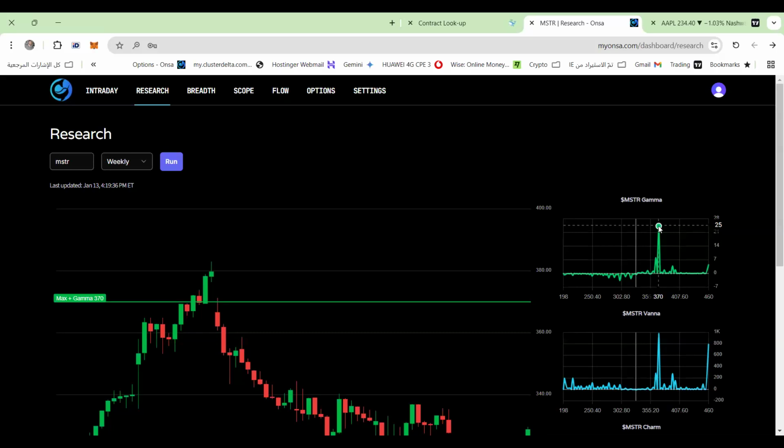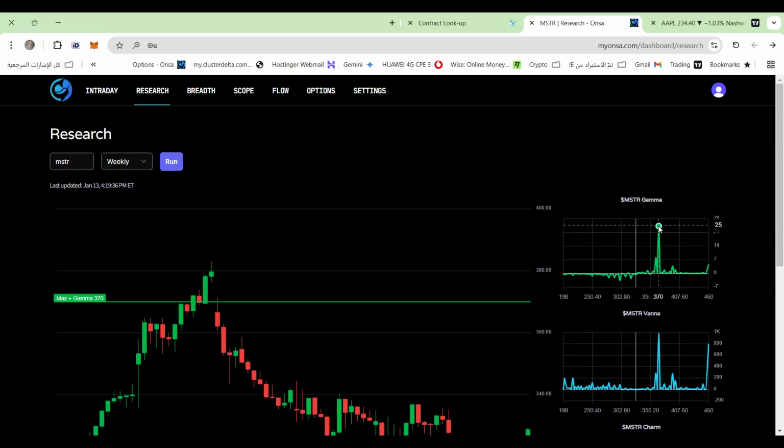Because if we don't understand this, we may make a wrong decision. And it will be absolutely the opposite of what the whales are doing. So this is very important, that people don't know about it, and we need to clarify this.